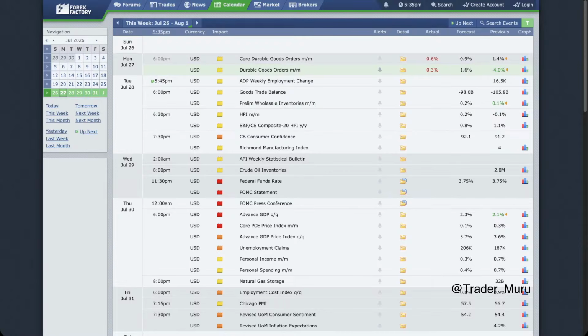Okay, so here is the reason. Previously it was minus 4%. Now it is not as per expected, but it is better than the previous one. That's why it is going good for USD. Here it is, the reason. It was minus 4% previously and now it is in a better condition.